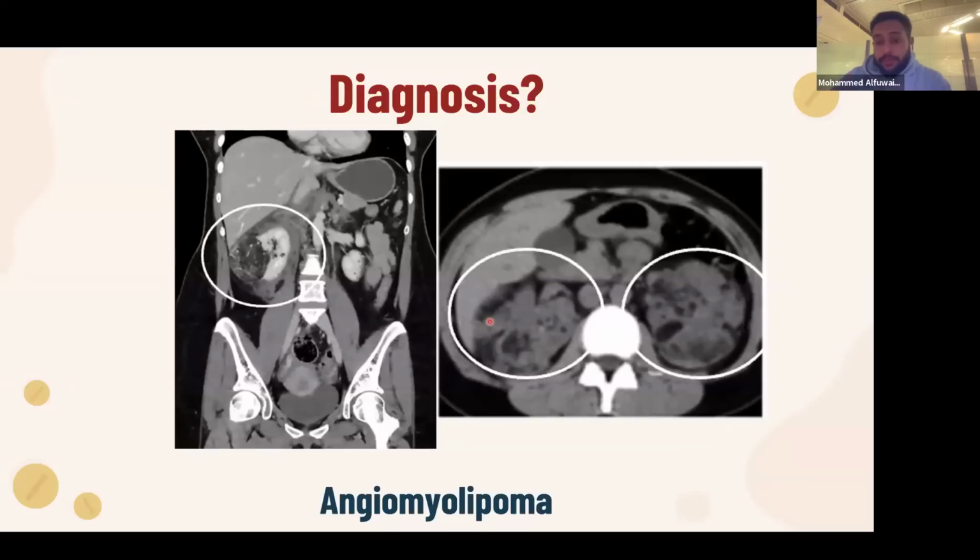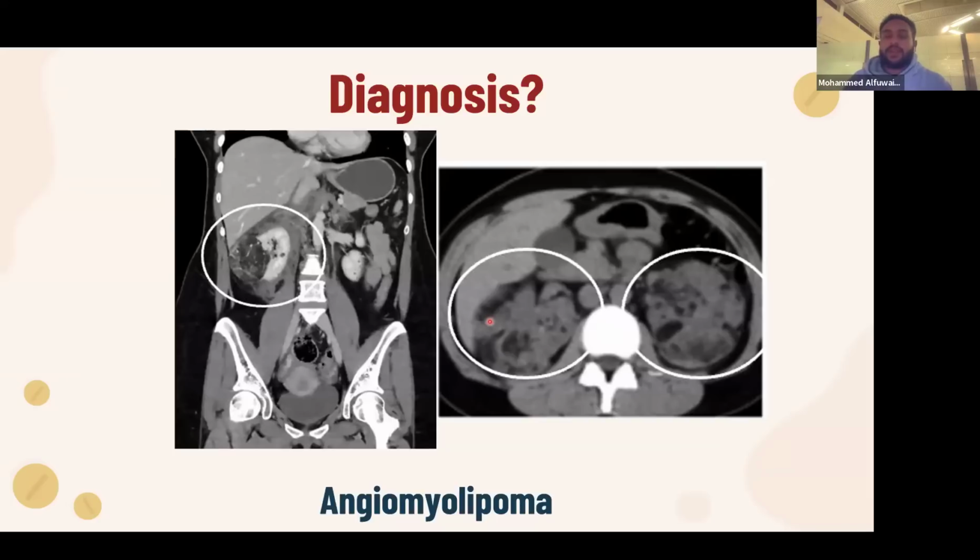Angiomyolipomas are benign. But it's commonly seen in a genetic syndrome, which is what? Tuberous sclerosis. Good. So how does tuberous sclerosis actually present? You don't need to know the details of it. You just need to know in a patient with angiomyolipoma, it is associated with tuberous sclerosis.